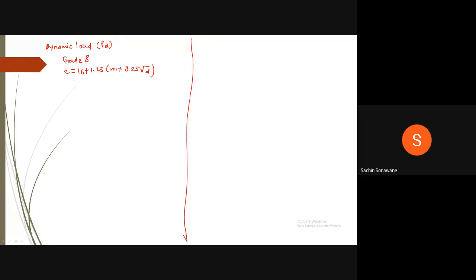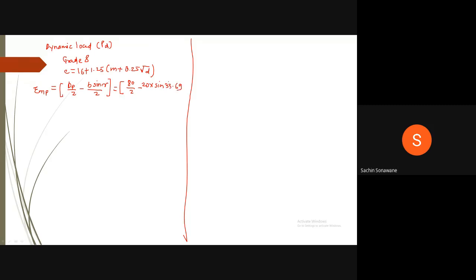RMP means the mean pitch circle radius of the bevel gear for the pinion. Therefore, first find out RMP, which is equal to dp divided by 2 minus b sin gamma divided by 2, which is 80 divided by 2 minus 20 into sine of 33.69.